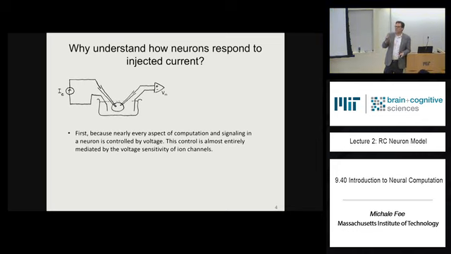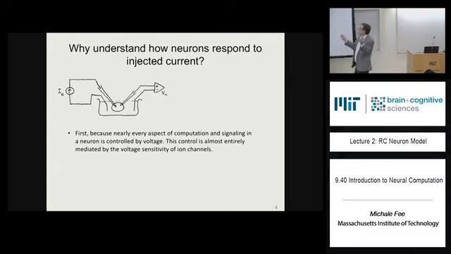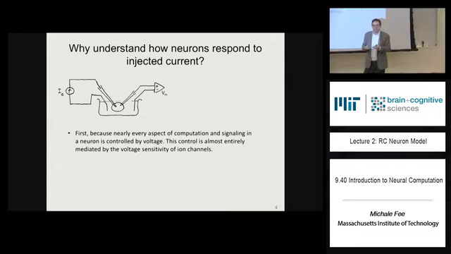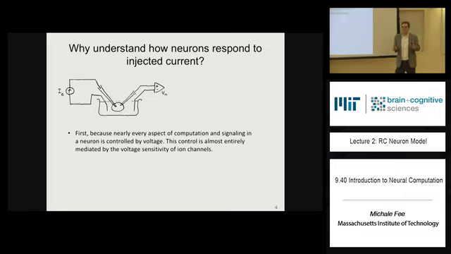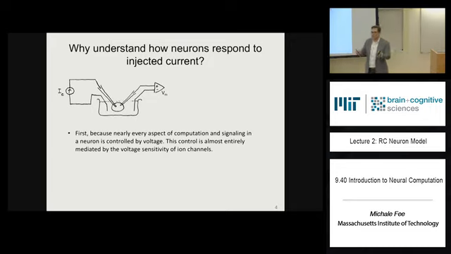Yes. So the answer is that the reason voltage changes in a neuron is because other cells are injecting current into our neuron. Sensory inputs are injecting current into our neuron. Everything that a neuron receives, all the information that a neuron receives from other neurons in the network and from the outside world, comes from currents being injected into that neuron.